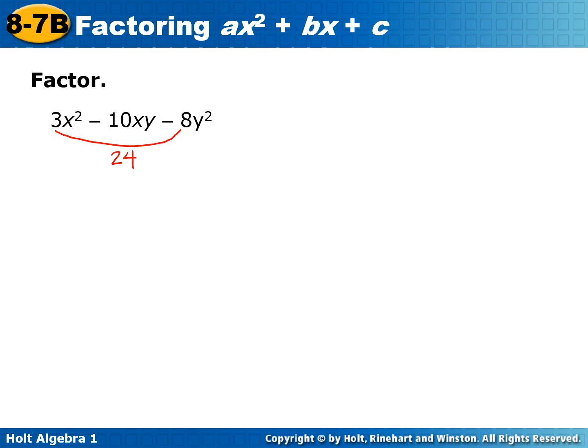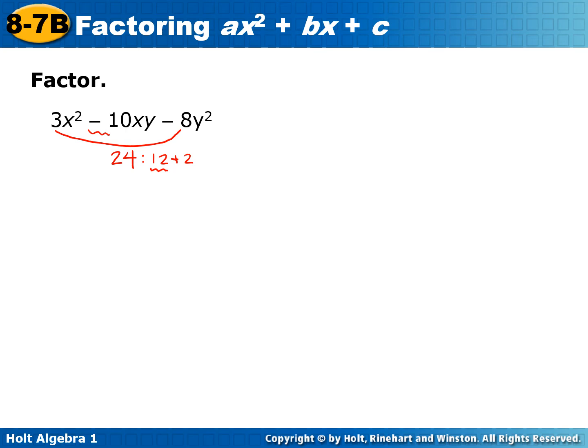So what factors of 24 subtract to get 10? 12 and 2. Okay? So I still have to follow the rules. When c is negative, the larger value gets the sign of b. So my 12 is going to get a negative.